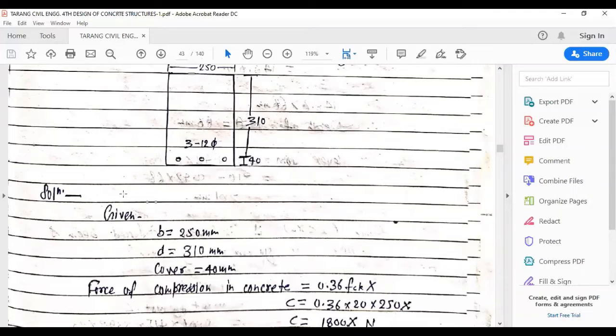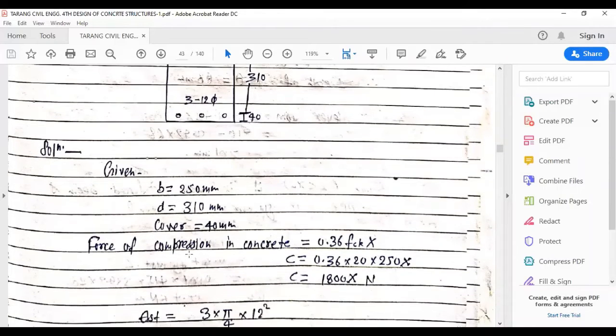So we'll move to the solution and we'll write down the given data, where b is 250 mm, D is 310 mm, and cover is given to be 40 mm. So finding the force of compression in concrete, and we are well aware of this formula now. It is 0.36 fck bx.